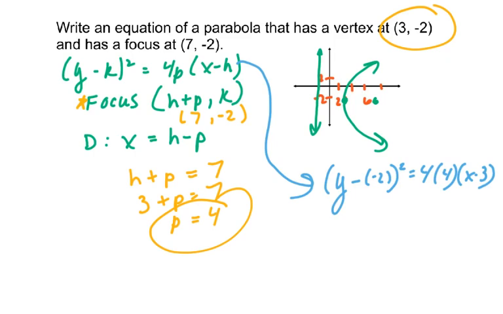So let's clean this up a little bit. We've got y plus 2 quantity squared equals 16 times x minus 3. And that is the equation given the vertex and the focus. That is it for this lesson.